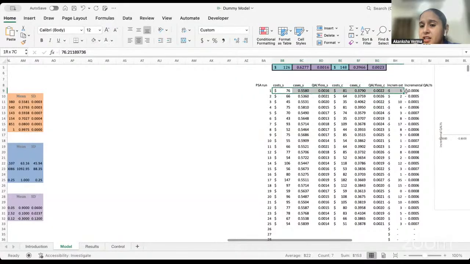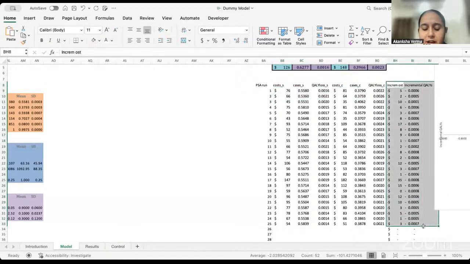With each click of PSA, the random numbers are generated using the distribution, and after random numbers you are getting different ICERs. Based on those final results, I have pasted them here.